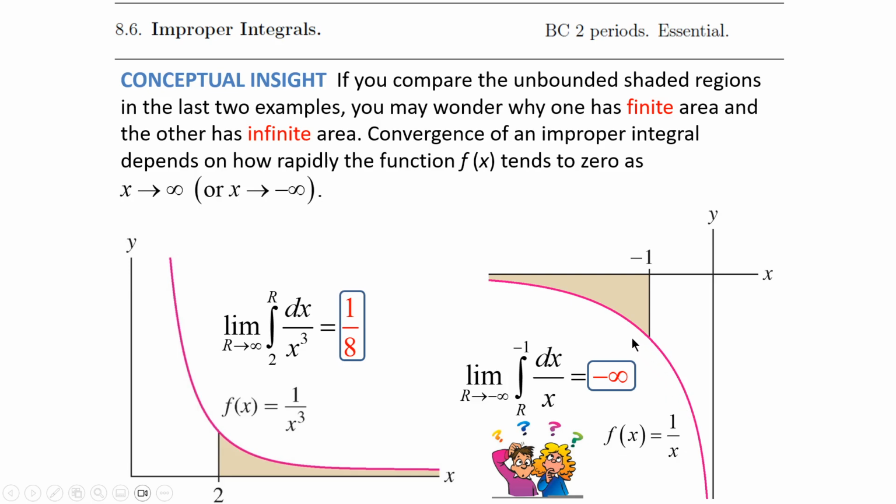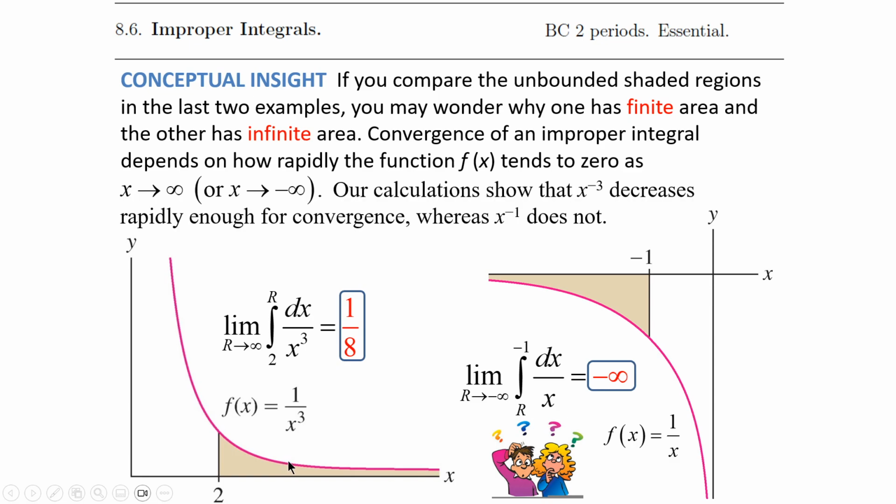This is definitely approaching 0, but it's not approaching fast enough for convergence. This one diverges, this one converges, and it converges to 1 over 8. So our calculations show that x to the -3 decreases rapidly enough for convergence, whereas x to the -1 does not.